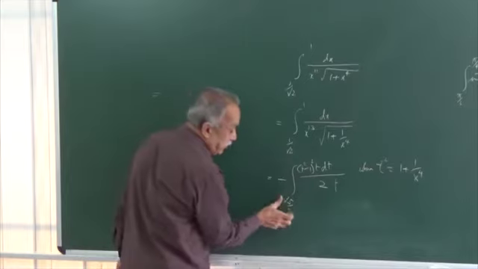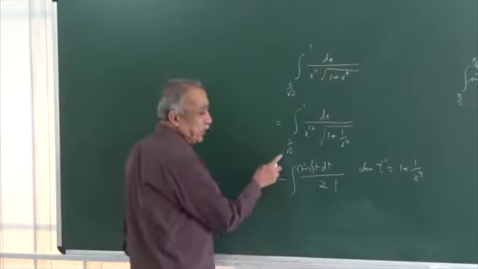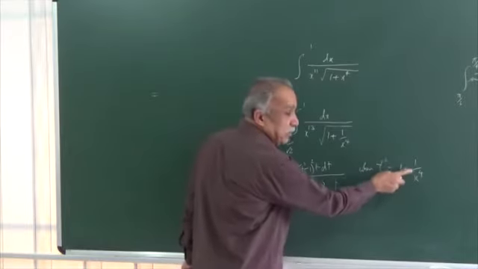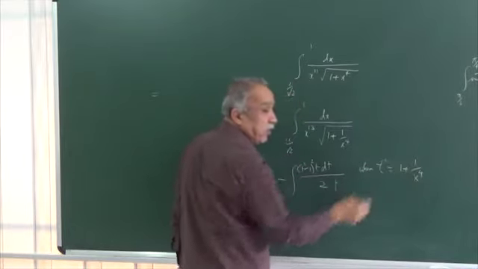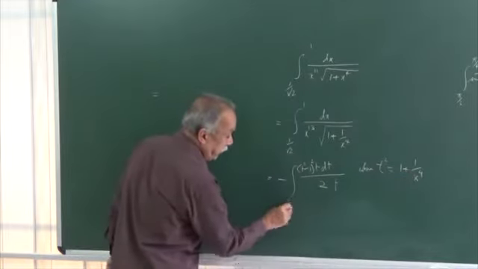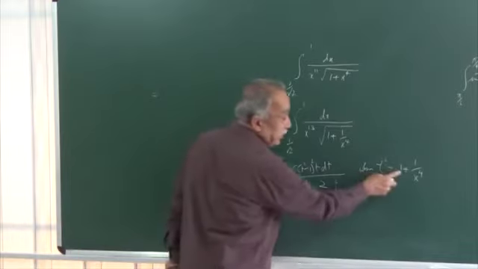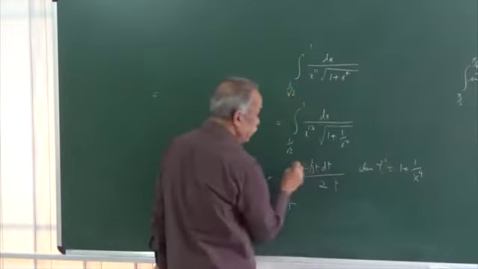Okay, the substitution was not properly applied. x is 1 by root 2, so 1 by x will be root 2, 1 by x to the power 4 will be 4, plus 1, 5, t is root 5. Am I right now? Yes. When x is 1, this is 2, t is root 2.